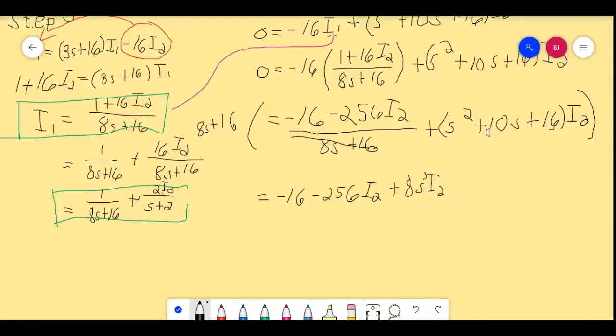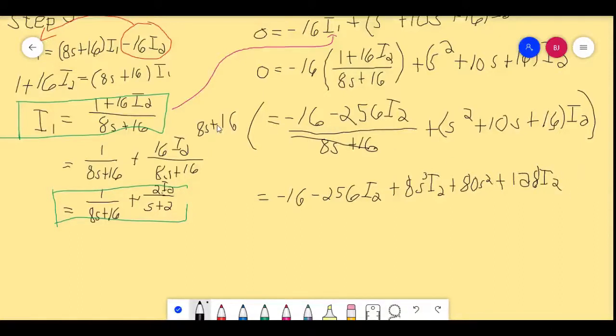Then we have 8s plus 10s, that would be 80s squared. 8s times 16 would be 128 I2. Just rearrange. There we go.